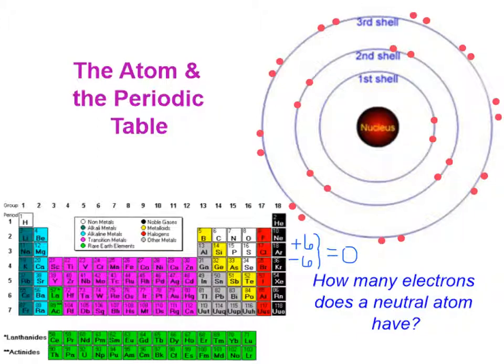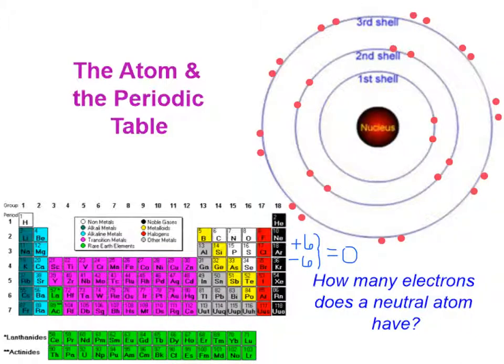Now, elements are very stable when they contain the maximum number of electrons in their outermost energy level. For example, 2 electrons can fit in that first energy level. Helium is incredibly stable because it has 2 valence electrons. Look at neon.